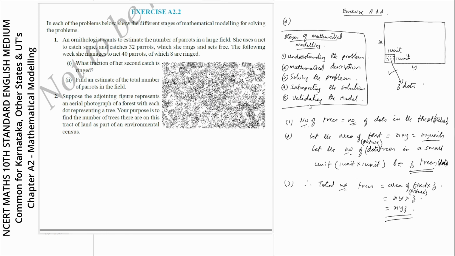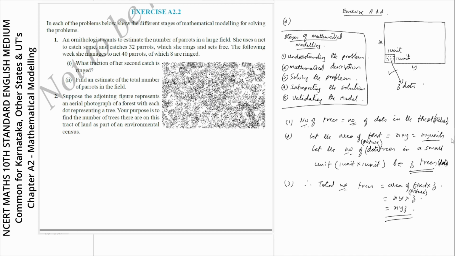The last point is validating the model. Again, we can repeat this experiment and choose another unit somewhere in this portion, repeat the process, and compare that value with this value xyz.